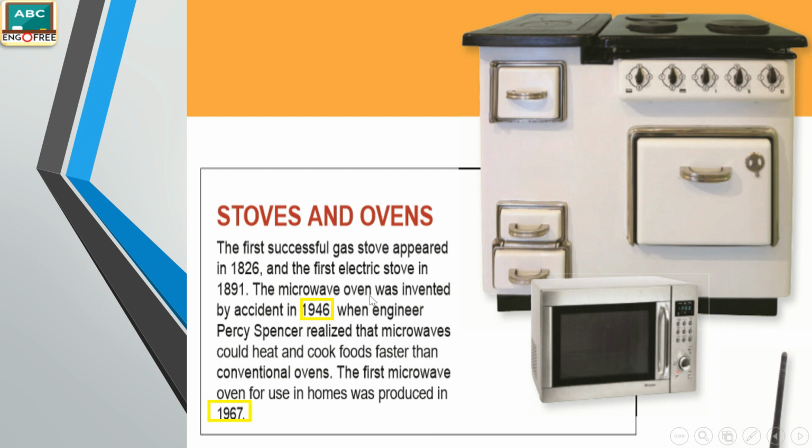The microwave oven was invented by accident in 1946 when engineer Percy Spencer realized that microwaves could heat and cook foods faster than conventional ovens. The first microwave oven for use in homes was produced in 1967.